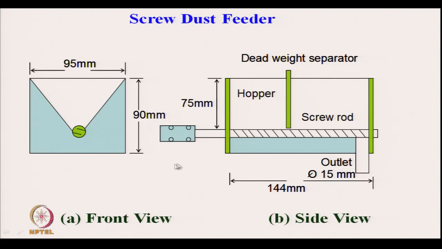Once this motor rotates at a known, constant speed, due to the screw system, the dust from the hopper flows through this horizontal side from left to right, and here at the exit point, it feeds the dust into the vertical pipe. The flow rate of dust, or dust feed rate, can be changed by changing the speed of the motor.